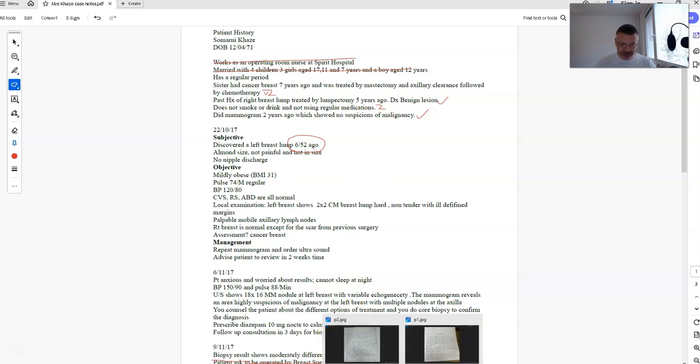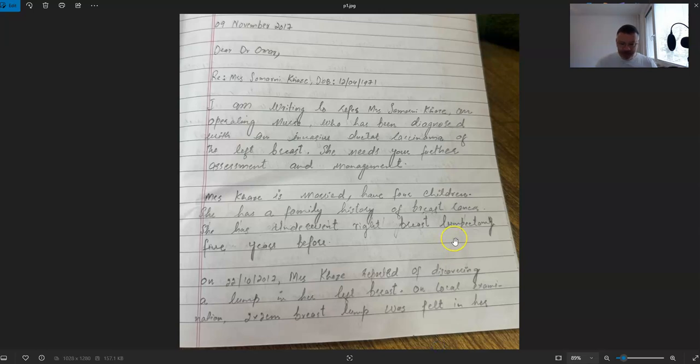All right, so you do something such as that. Reported of discovering, because I would be wanting to know how long she has had this particular lump. If I were a surgeon, I would consider that useful information. All right. So reported discovering a lump in her left breast sometime.